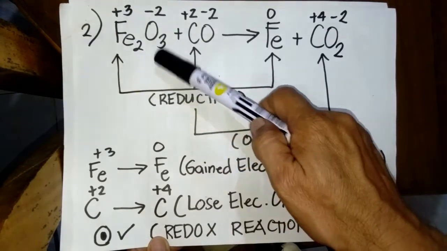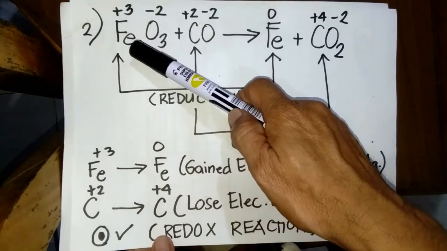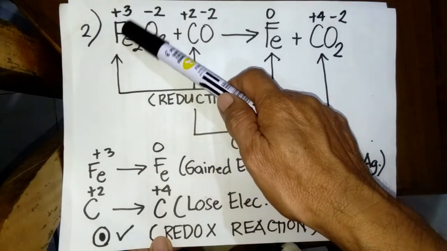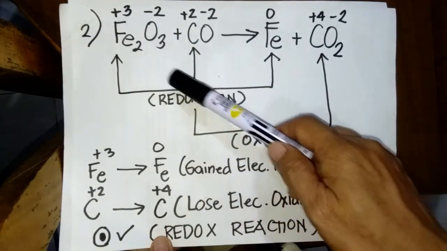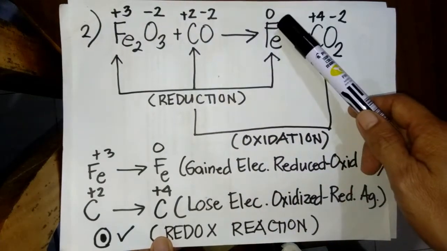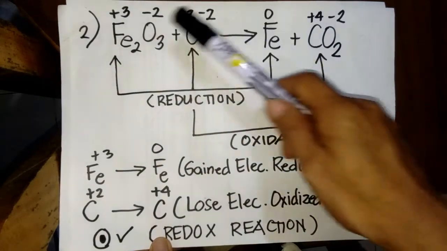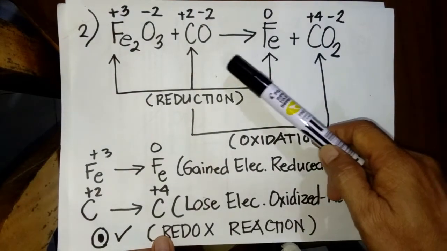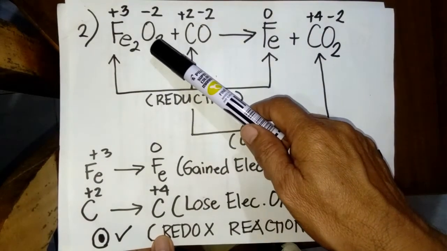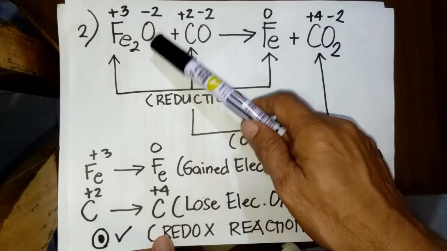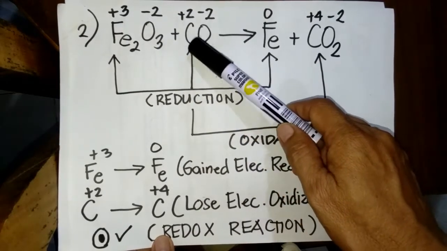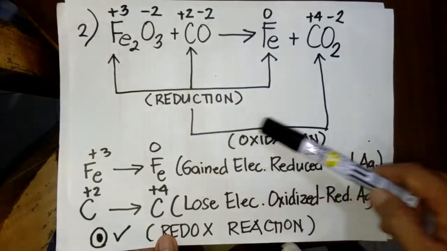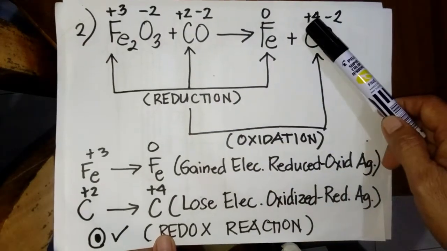In Fe2O3, in the reactant side, iron is positive 3 and it becomes 0. The oxidation number becomes 0 from positive 3 to 0. Here, the oxygen is also the same. The carbon in the reactant side goes from positive 2 to positive 4.